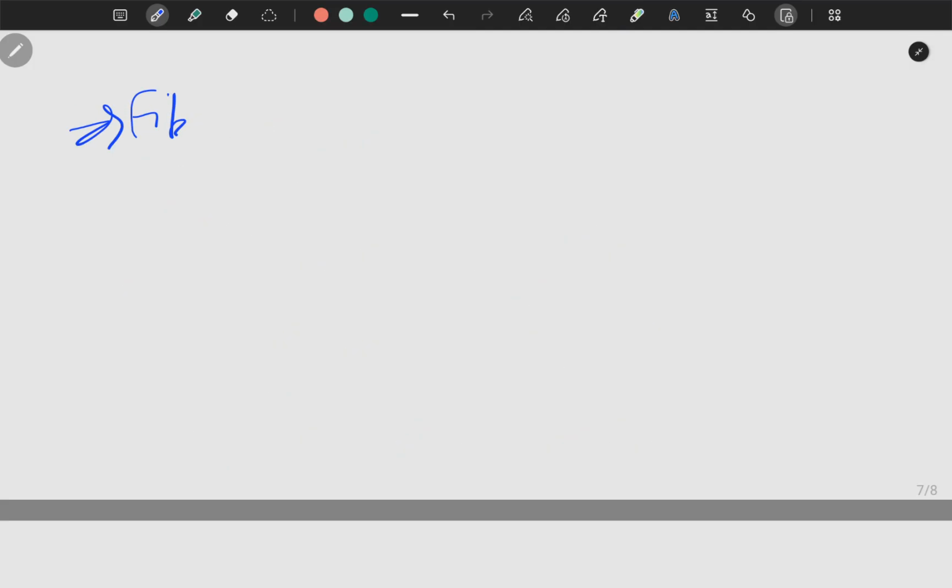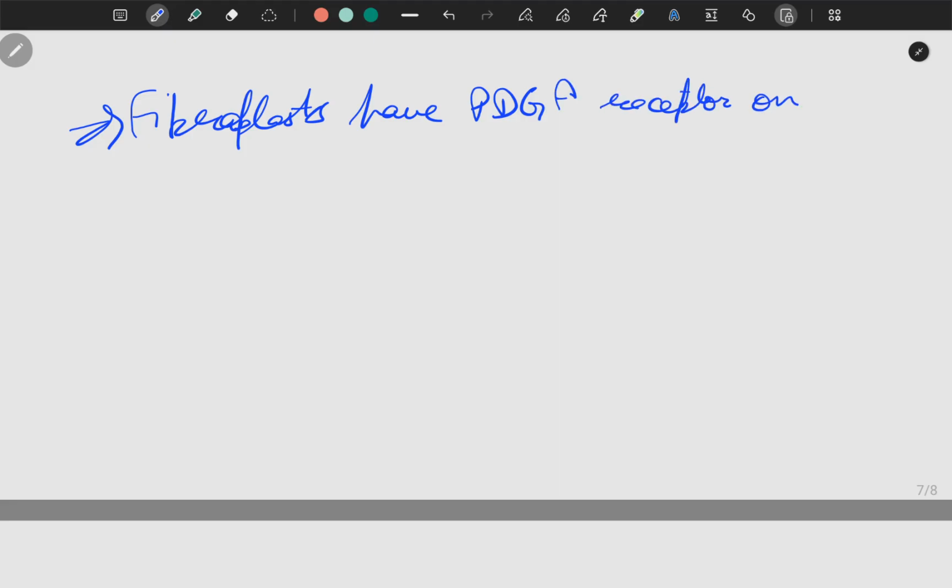Fibroblasts have something called PDGF receptors on the plasma membrane. I'm writing it as PM.